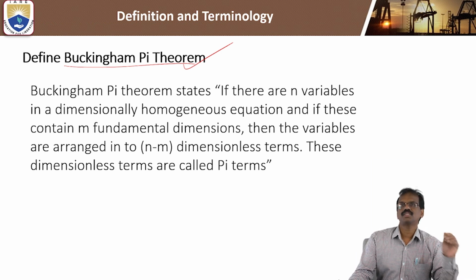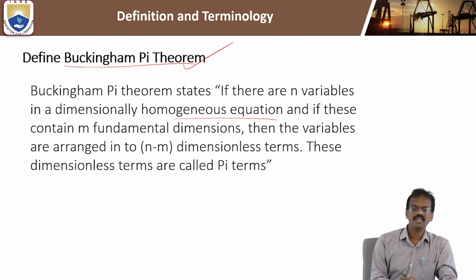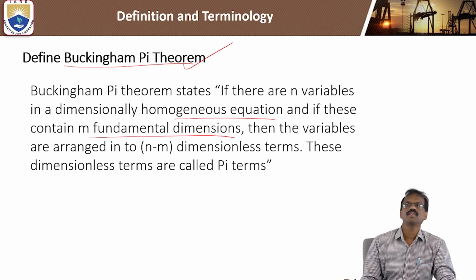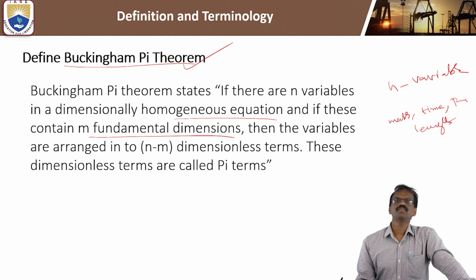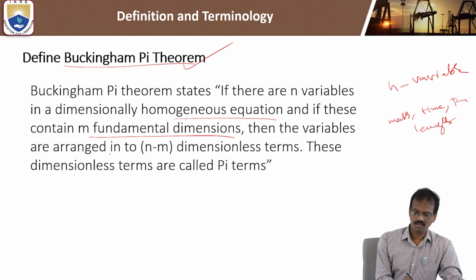It states that if there are n variables in a dimensionally homogeneous equation, and if these contain m fundamental dimensions, just like mass, time, temperature, and length, then the variables are arranged into n minus m dimensionless terms.